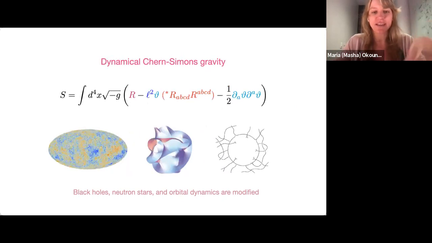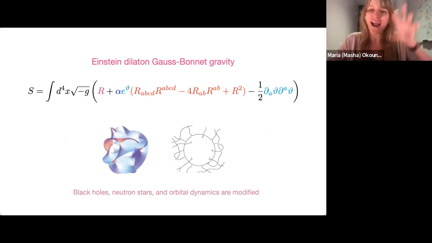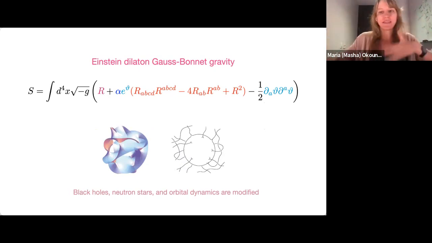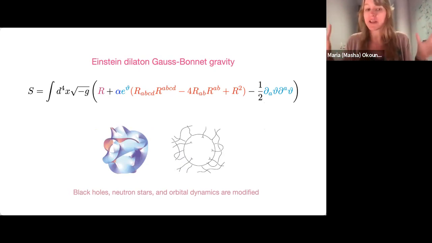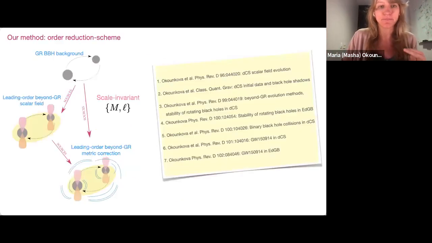And both of these theories have ties to quantum gravity theories, such as string theory and loop quantum gravity. So even though we're adding classical terms to the action, there are ways to think about them in a high energy theory context. And again, black holes, neutron stars, and orbital dynamics are modified in this theory.